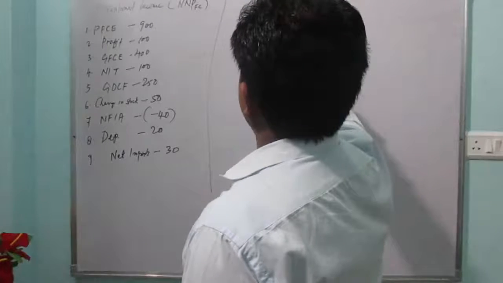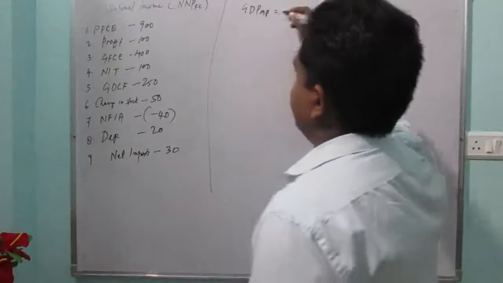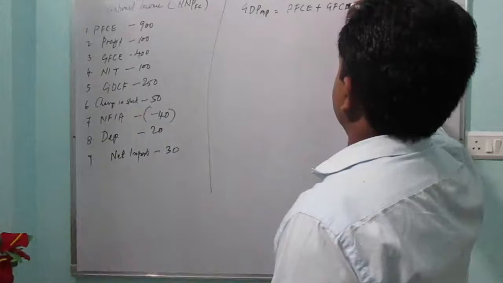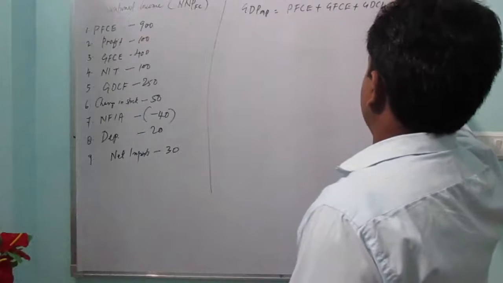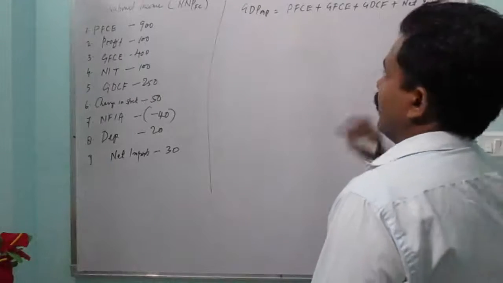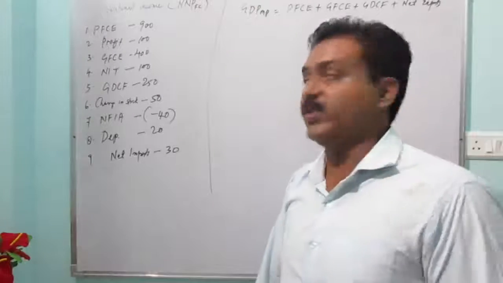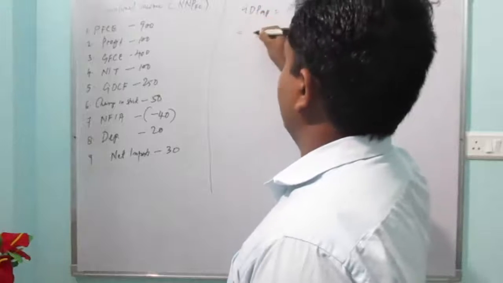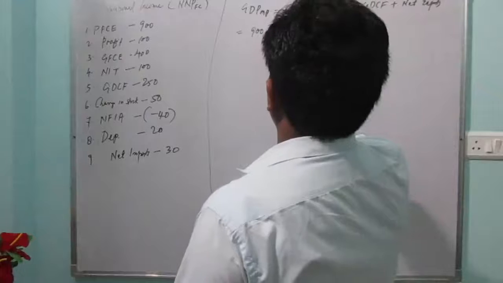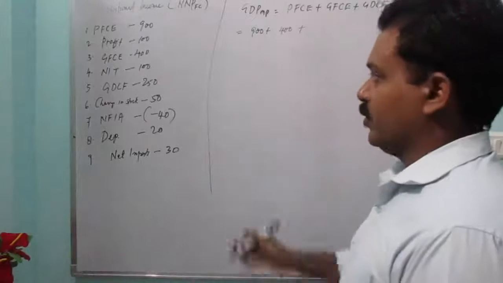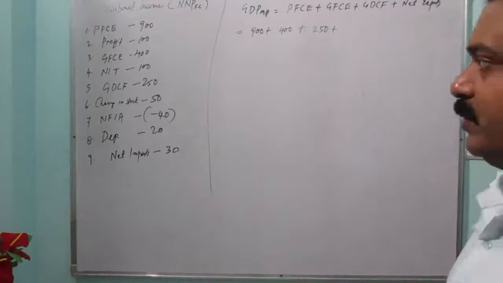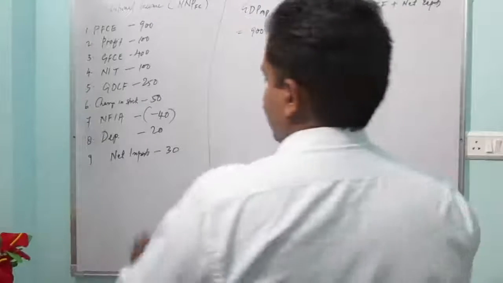First, GDP MP is equal to private final consumption expenditure plus government final consumption expenditure plus gross domestic capital formation plus net exports. This is the formula of GDP MP in the expenditure method. Private final consumption expenditure 900 plus government final consumption expenditure 400 plus gross domestic capital formation 250 plus net exports.